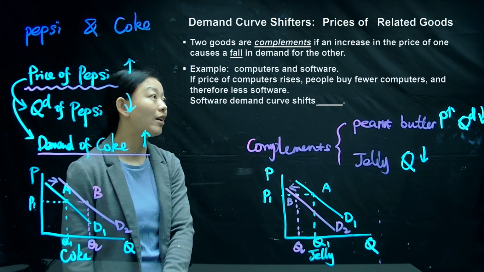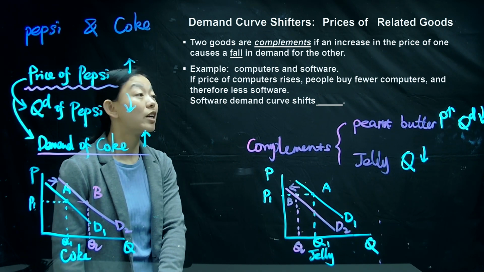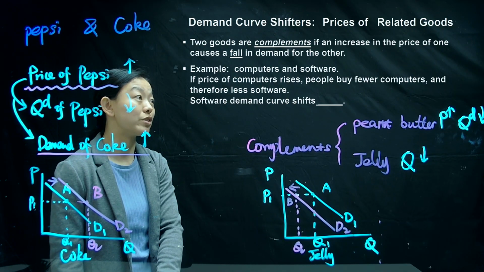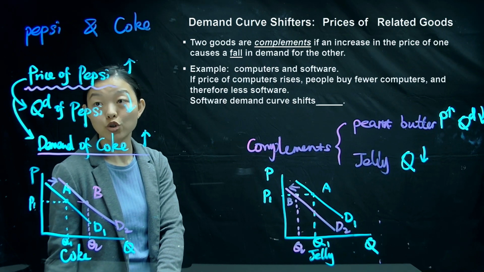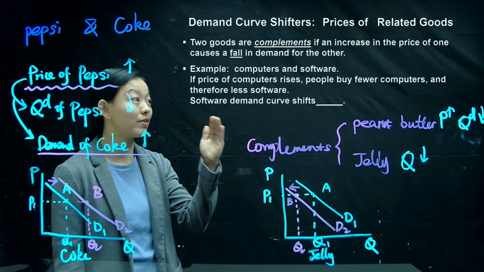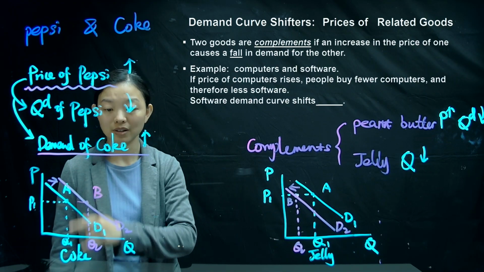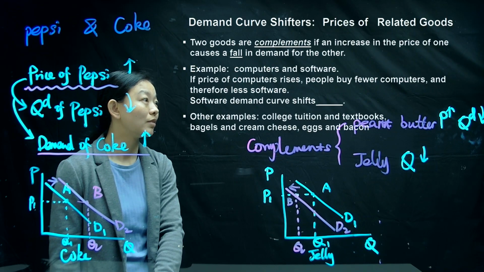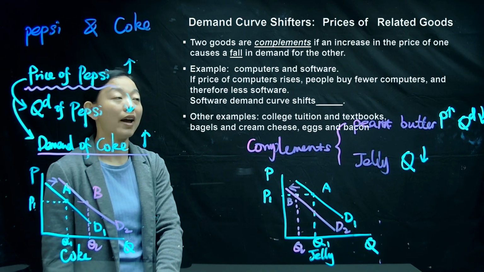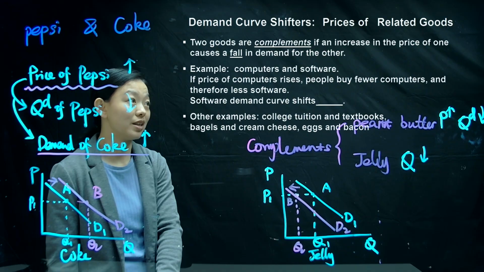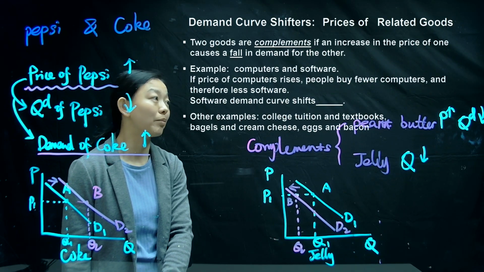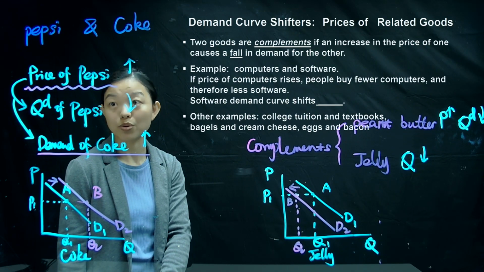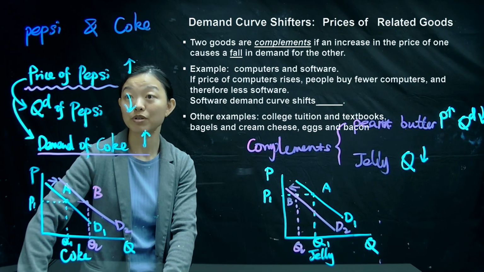So if the price of computers increases, consumers buy fewer computers and at the same time consume less software. So it will shift the software demand curve to the left. Another example is eggs and bacon, always eaten together. So a change in the price of bacon will definitely affect the consumption of eggs.